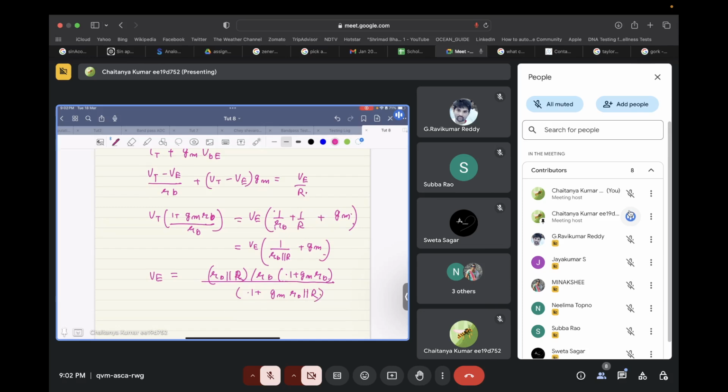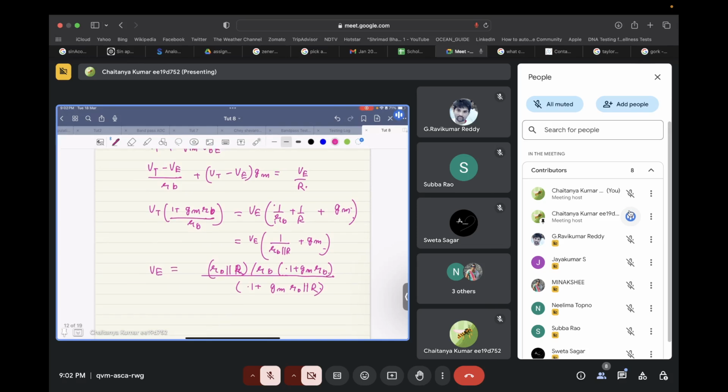Now it can be assumed that since GM is a very high quantity and resistances are also very high, GM times R can be assumed to be much larger than unity. So 1 plus GM (RB parallel R) and 1 plus GM RB can be approximated as GM (RB parallel R) and GM RB respectively.